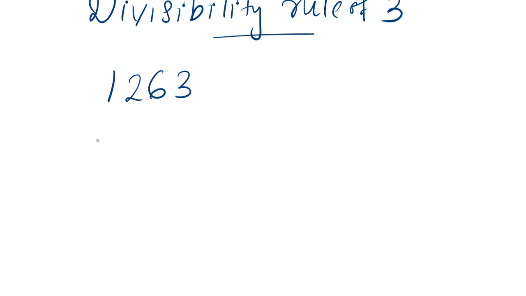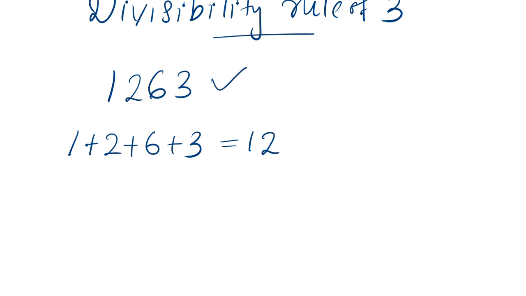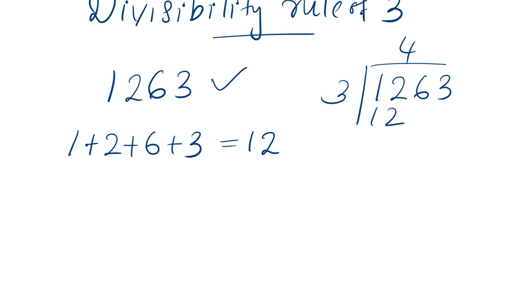Just take the sum of digits: 1 plus 2 plus 6 plus 3. So 1 plus 2 is 3, 3 plus 6 is 9, 9 plus 3 is 12. 12 is a multiple of 3, so this number is divisible by 3. We can check: 1263 divided by 3. 4 times 3 is 12.